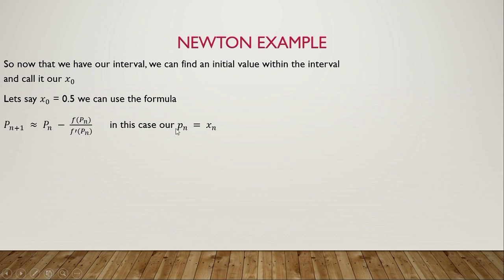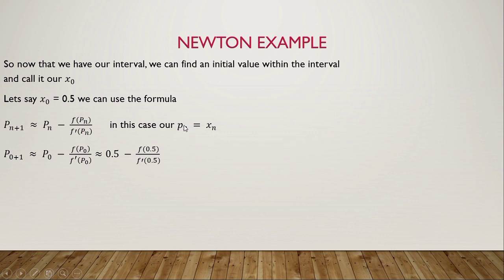In this case, our Pn could be xn, and I'll be using these interchangeably, so don't get confused between the two. If we're looking for our first term, P1 is going to be P0 minus f of P0 divided by the first derivative of P0.